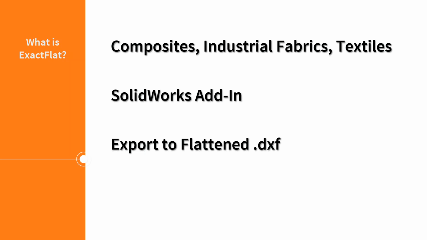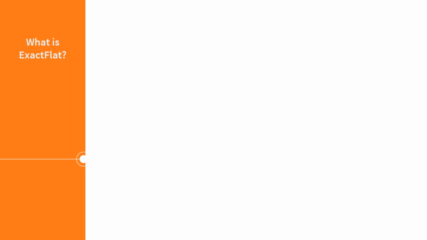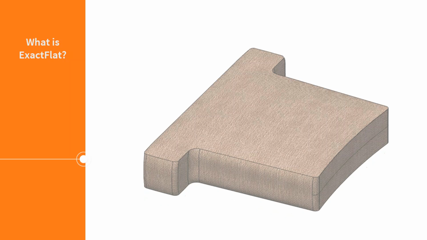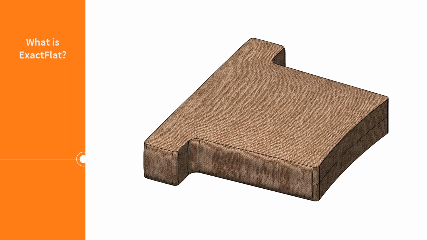Okay, so the output of this is a mathematically flattened representation of your model pieces, which can then be output to a DXF file and sent to your specific cutter, whatever the cutter may be that you're using. Okay, so today the model we'll be looking at is this couch cushion.